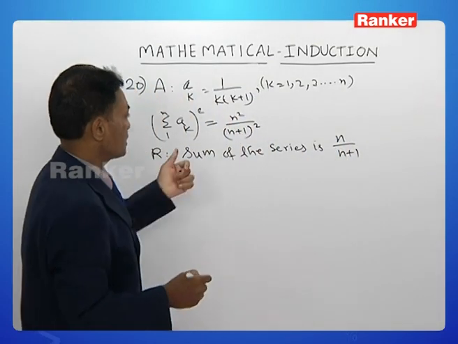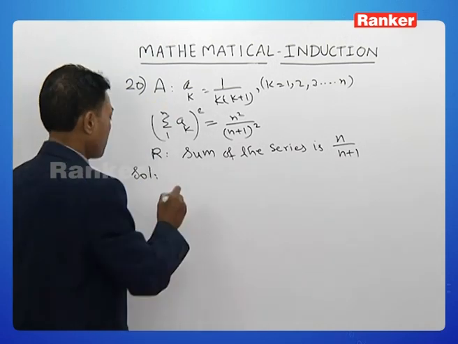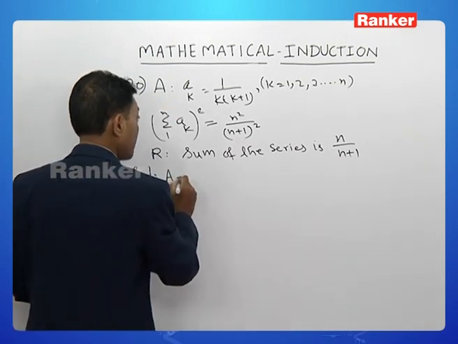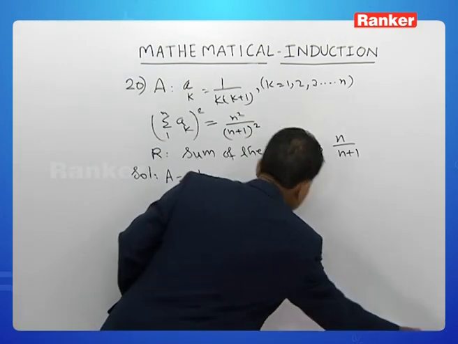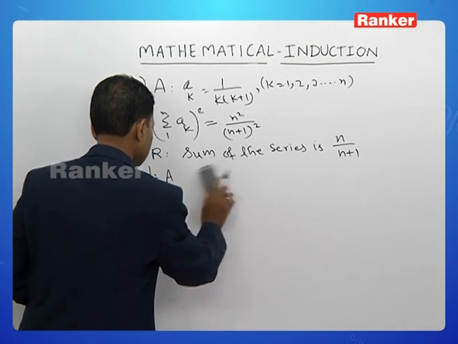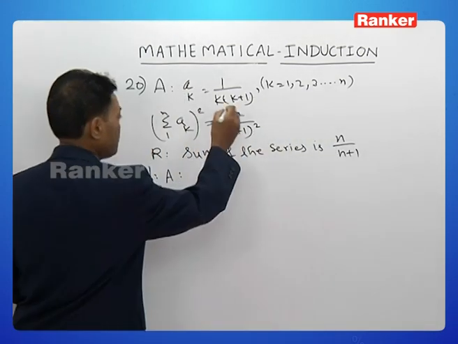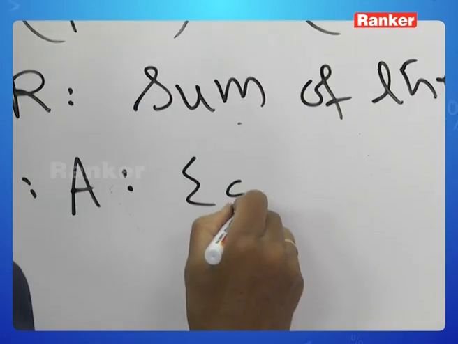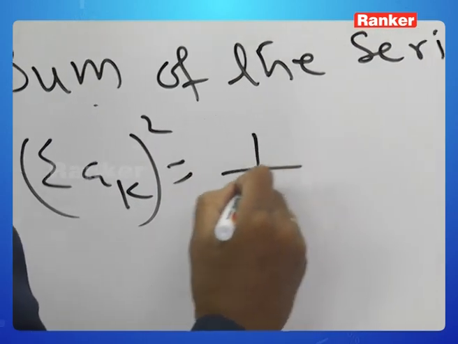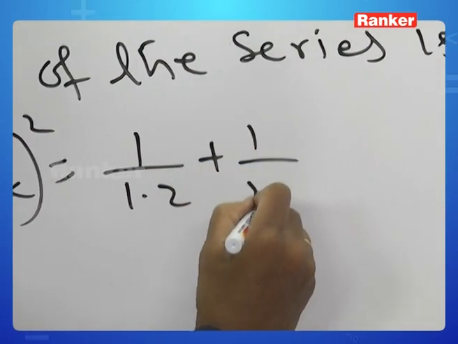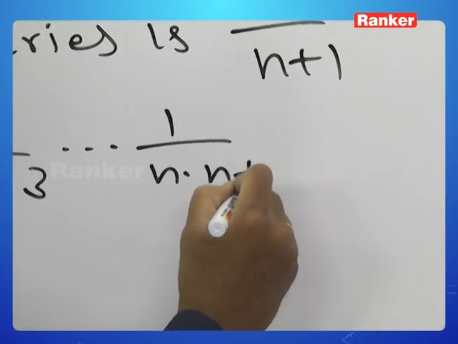Now, let us see the solution. First we will do A. a_k is equal to 1 by k into (k plus 1). Now, if you apply this formula, sigma a_k, you get 1 by 1 into 2, 2 into 3, and so on, n into (n plus 1).